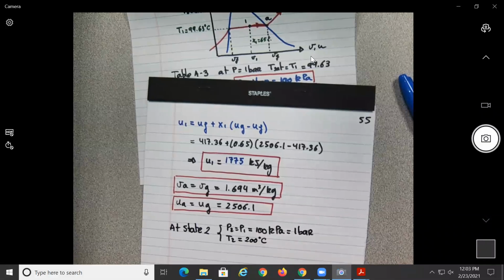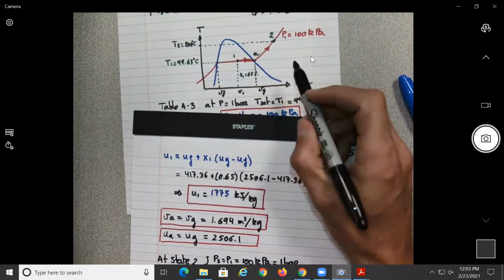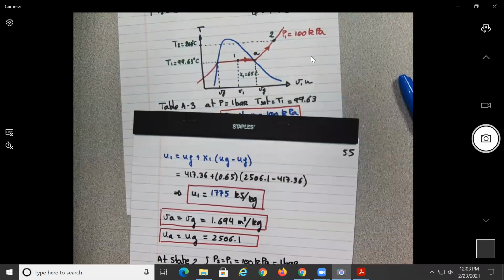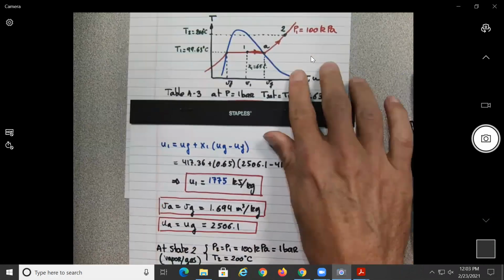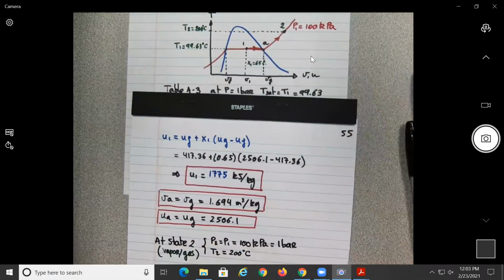All right, what else do we know? The state. What is the state? We know it is vapor or a gas, no? So it should be under superheated vapor tables. So what does that mean?